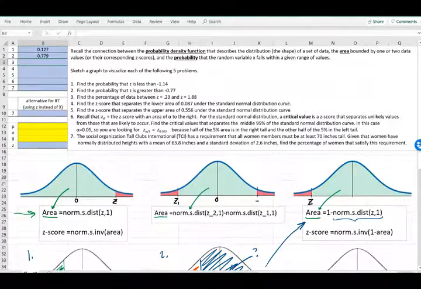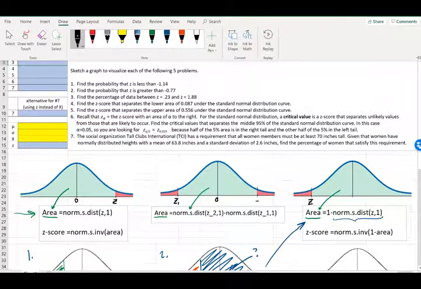Okay, and now the third, so for number 1 we had this situation, area to the left. For number 2 we had this situation here, area to the right. And now for number 3 we have the area in between two z-scores. Oh, there should be a z2 down there.